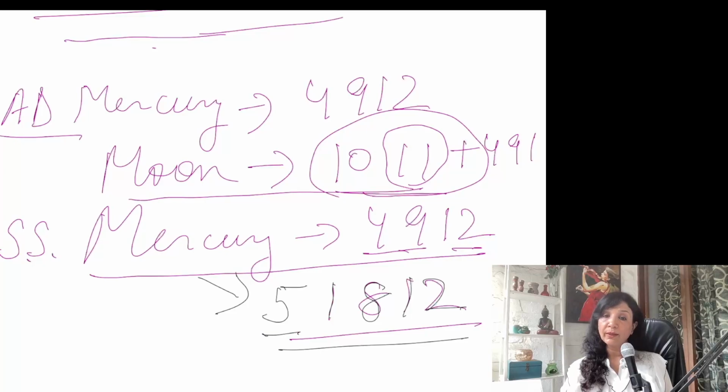Sublord should be supporting the star lord combination. This is very important point. So you can check in the horoscope, is sublord supporting or not? And if it is not supporting, then that time period you have to expect that you cannot take hasty decisions in that time period. So this way I have explained how to check financial status in the horoscope through KP Astrology.